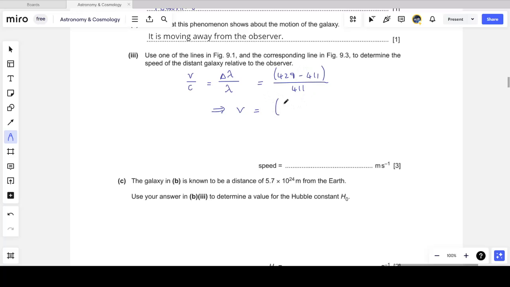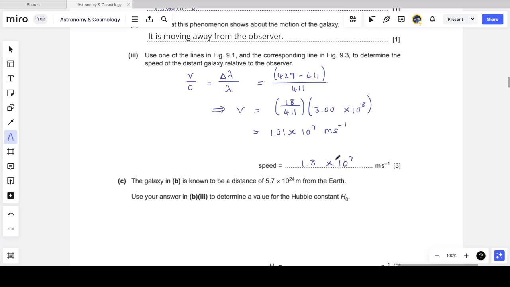And so v is equal to 18 divided by 411 multiplied by c, 3 times 10 to the power 8 meters per second. And so I get a speed of 1.31 times 10 to the power 7 meters per second. To two significant figures, this is 1.3 times 10 to the power 7 meters per second.